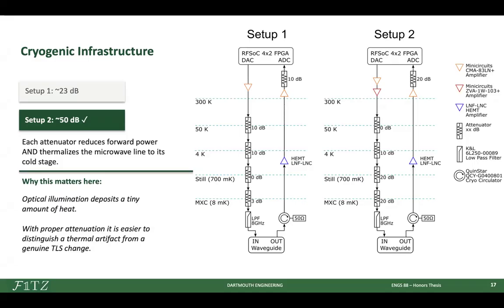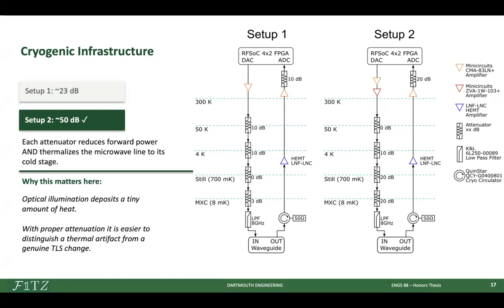For setup two, we added an amplifier and more attenuation so that heat would flow out better than setup one. In setup one, there was still some heat being trapped within our system, but with setup two, as the signal moves down the fridge, the thermal noise from these warmer stages is progressively being suppressed.